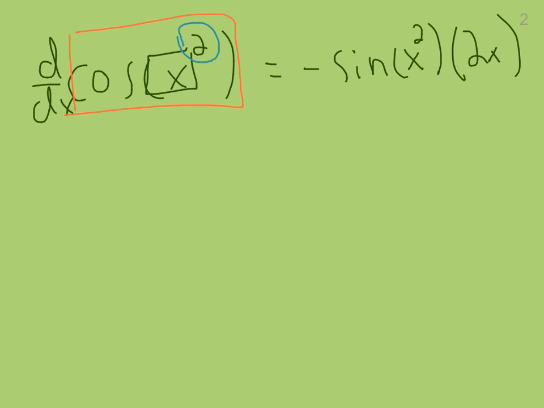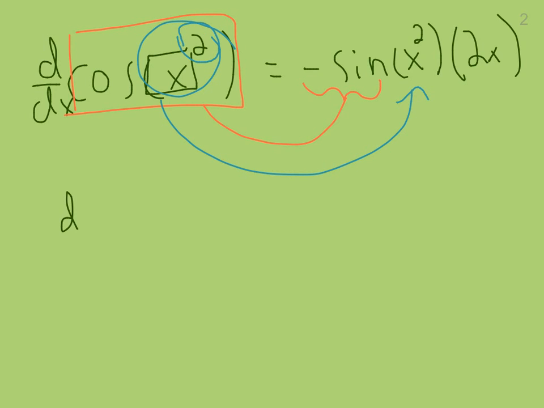So you take the cosine, and the derivative of cosine is negative sine. And that's where that negative sign comes from. Then you leave that x squared untouched. That x squared stays. But then you have to multiply by that 2x, which is the derivative of x squared. So first we took care of the cosine, and then we multiplied by what we had to take care of for the x squared.